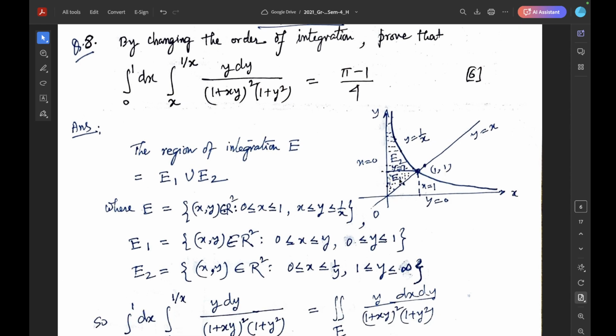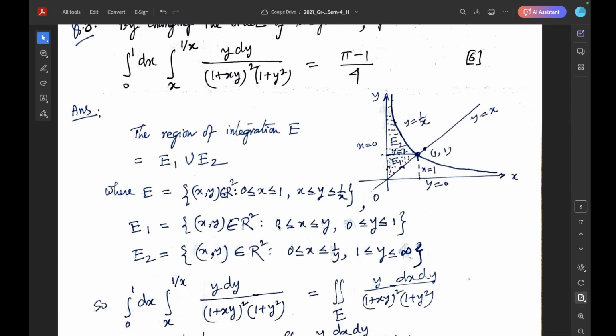Clearly E1 is the set of all (x, y) in R2 with x from 0 to 1, between the line y equal to x and the rectangular hyperbola y equal to 1 by x for the whole region E. For E1, x goes from 0 to y, the line x equal to y, and y goes from 0, the x-axis, to y equal to 1.